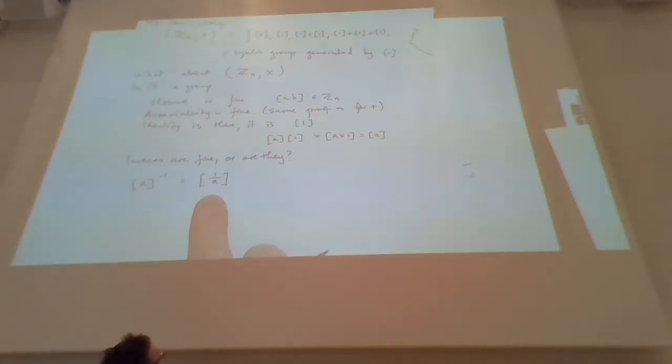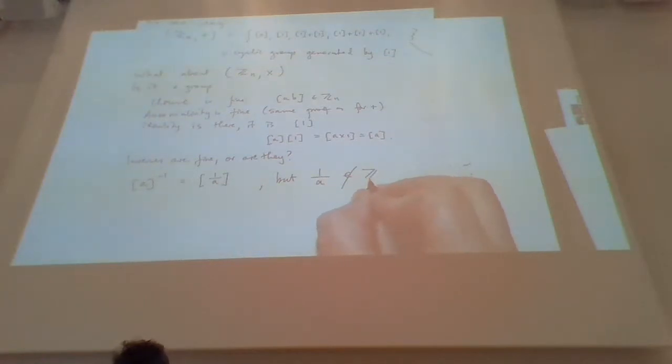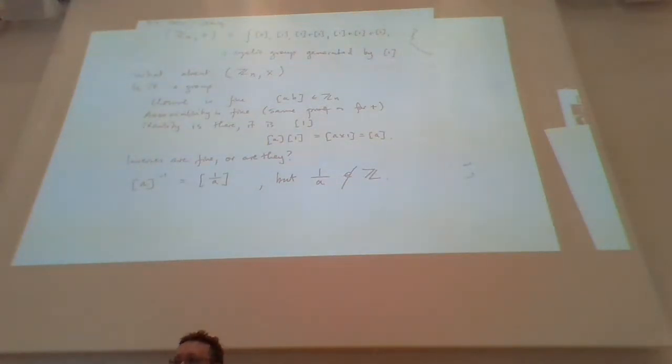Except, what is 1 over A? Well, if you multiply it by A, yeah, you do get 1, but 1 over A is not available. We're talking about the integers, aren't we? 1 over A is not in our present discourse.